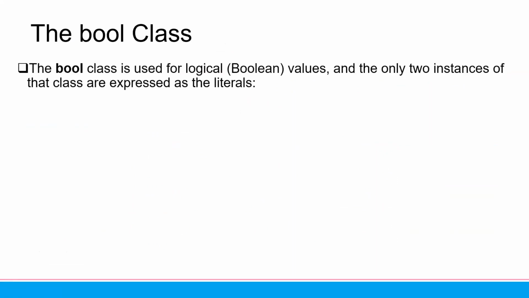Boolean. As I showed you before, the bool class is used for logical Boolean values. There are only two instances of that class, true and false.